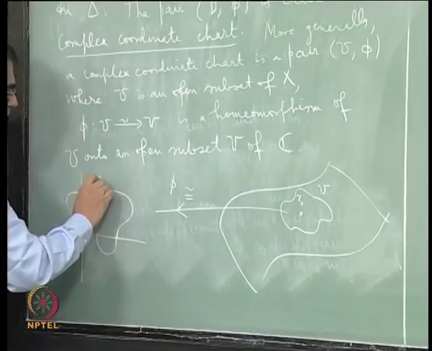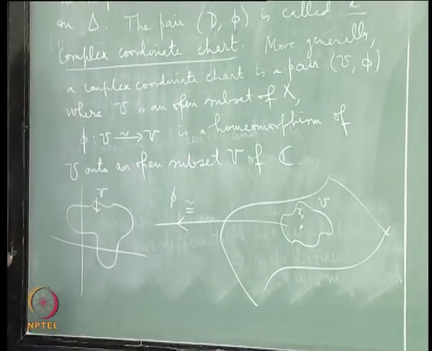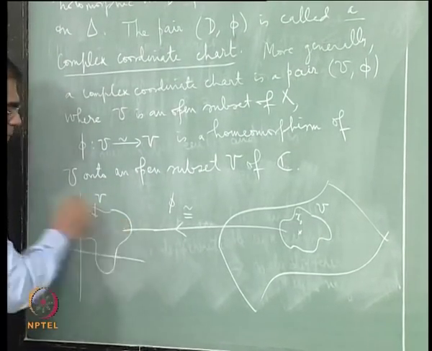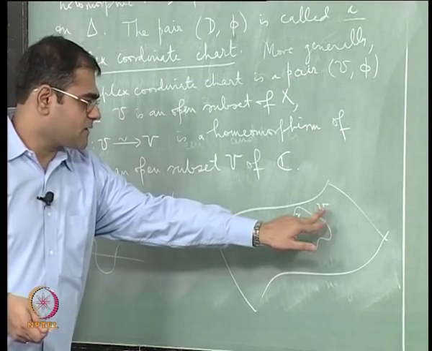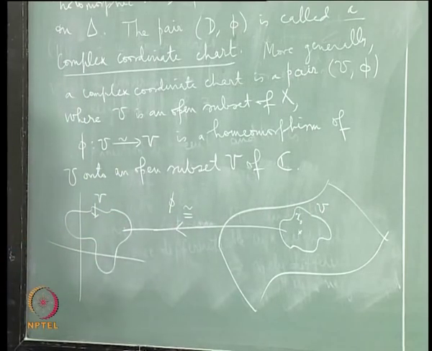So here is my subset of the complex plane V. And this is a chart. This pair consisting of U and phi is a chart. And why is it useful?